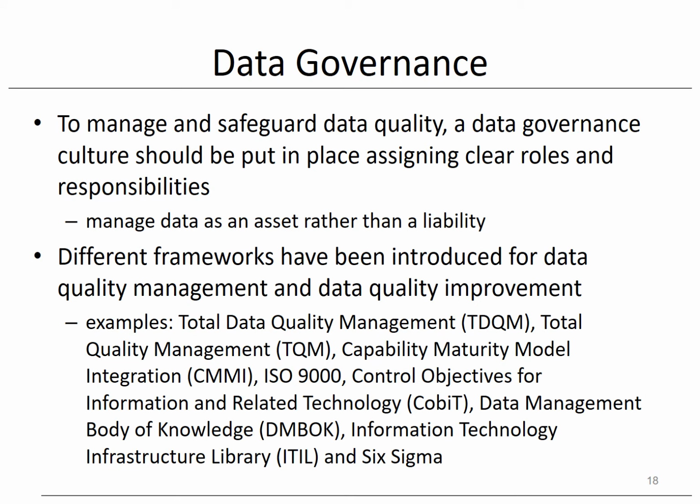To manage and safeguard data quality, a data governance culture should be put in place, assigning clear roles and responsibilities. The aim of data governance is to set up a company-wide, controlled and supported approach towards data quality accompanied by data quality management processes. The core idea is to manage data as an asset rather than a liability and adopt a proactive attitude towards data quality.